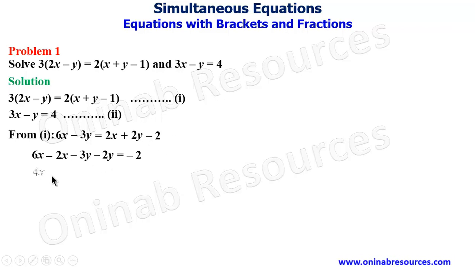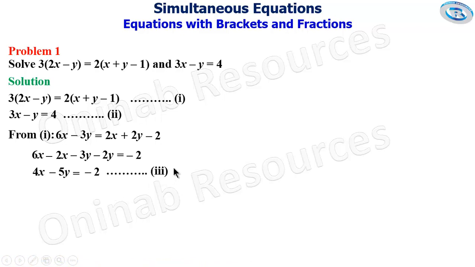So this is giving us 4x - 5y = -2. Then we call this one equation 3. So we're going to look at equations 3 and 2 and solve them together. If we look at this, we want to eliminate y.